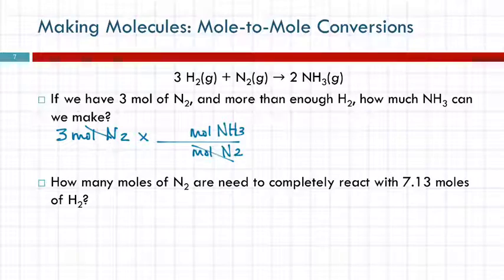The units tell us where to put the numbers. So for nitrogen, it's 1. And for ammonia, it's 2. And so I can make 6 moles of ammonia from 3 moles of nitrogen. Everybody okay with that?